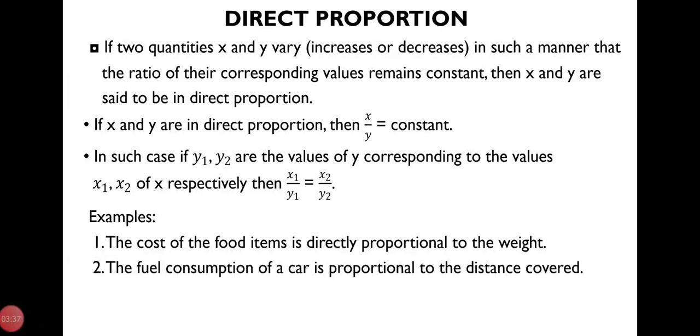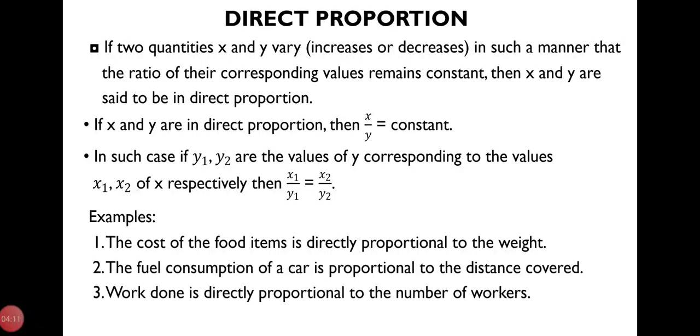But if we want to travel from our Bharuch to Baroda, Baroda is nearer than Bombay, so less petrol or diesel will be consumed to reach Baroda. If the distance is far more, more fuel is used. If the distance is less, less fuel is used. So these are also direct proportion.